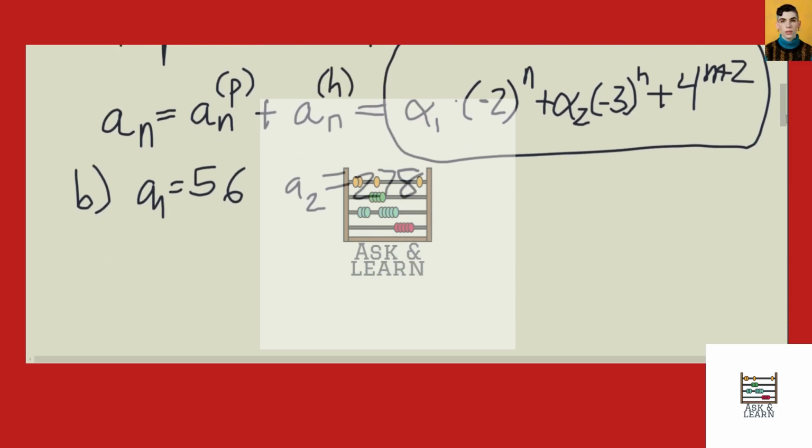From part A, we have the general solution, and so if a1 is 56, this means that 56 is equal to alpha 1 times negative 2, so -2 alpha 1 minus 3 alpha 2 plus 4 to the third power, which is 64.